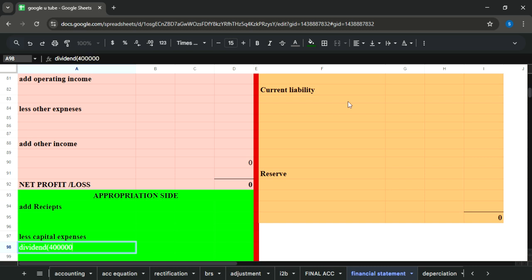In this way we will complete calculation of dividend. Once again, what was 4 lakh? Please be very careful. Dividend would always be calculated upon share capital. So 4 lakh was amount of share capital and 5% dividend was described in adjustment.